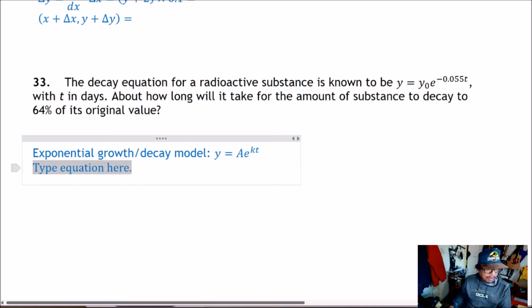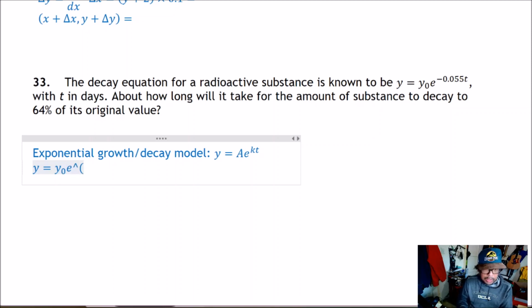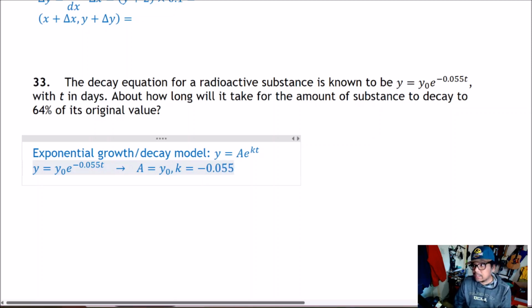So if we compare that to y equals y naught e to the negative 0.055 t, then what we see is that a is equal to y naught. And more importantly, our value of k is equal to negative 0.055. And that really does tell us a lot about our equation.